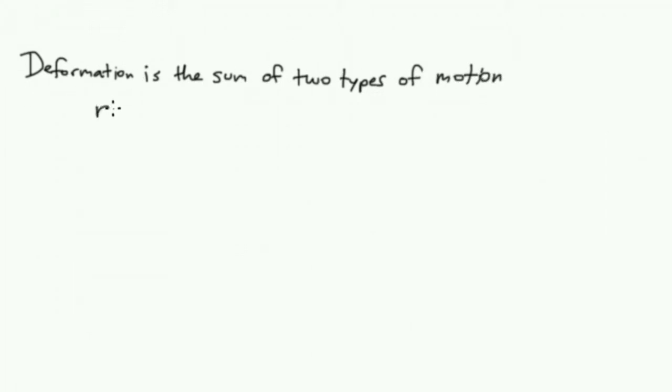Deformation is the sum of two types of motion. These are rigid body motion.